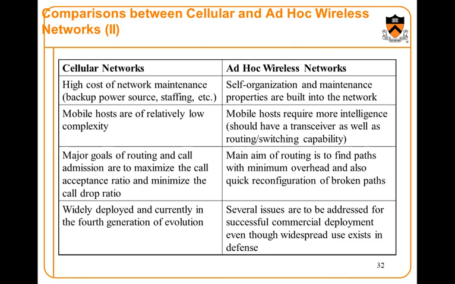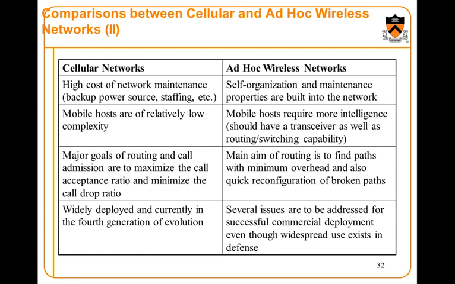Mobile hosts are of relatively low complexity, as most of the work is done by the backbone, centralized devices and servers, while in an ad hoc network, a node by itself is a sender, a receiver, a switch, a server, a router, and a gateway.